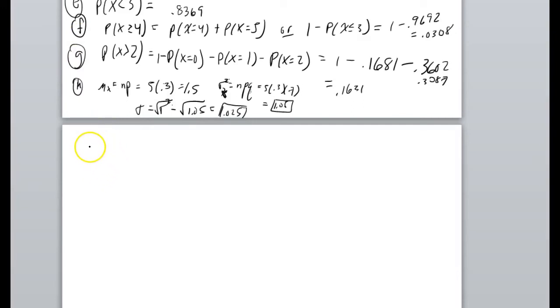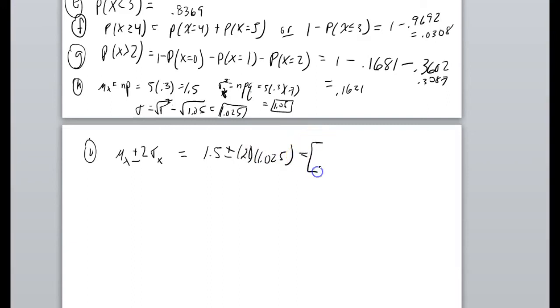Okay, so on to I. I wants us to calculate the interval of mu of x plus or minus 2 standard deviations. And for us, our mu is 1.5 plus or minus 2 times 1.025.